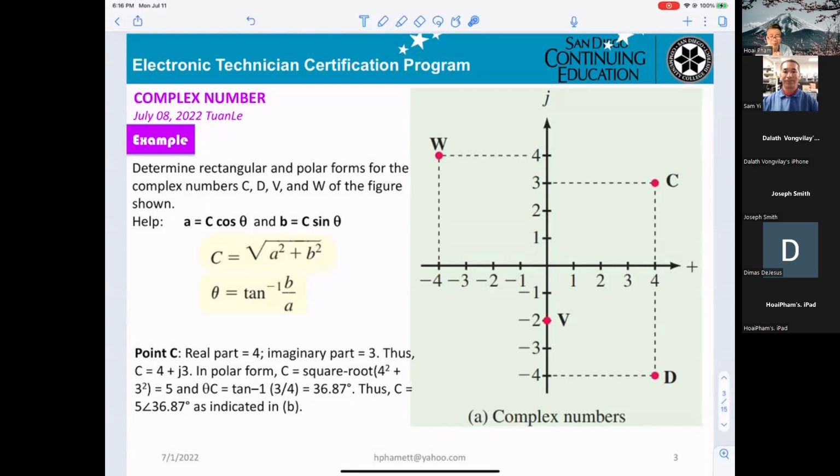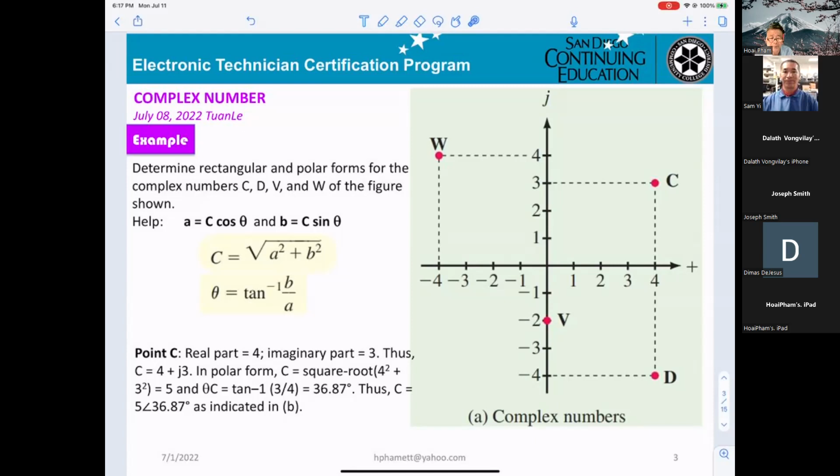Okay, try to separate it. You're talking about W. We said the real part will be -4, correct. I agree. The imaginary part for W is what? Oh, -4 plus J4. Perfect.